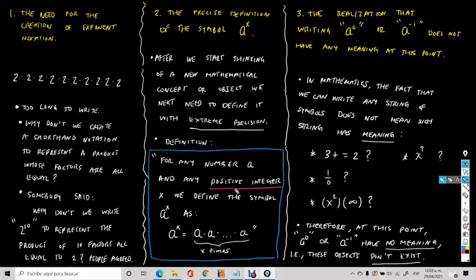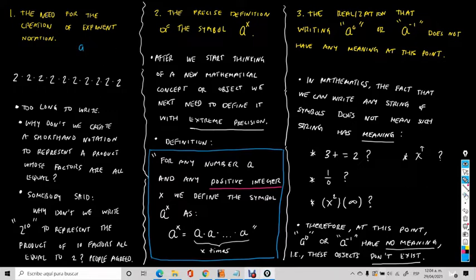Why the need to include this restriction, guys? Why the need to say that x must be a positive integer? Well, given this idea, at this point in our learning, we cannot talk about something like this.